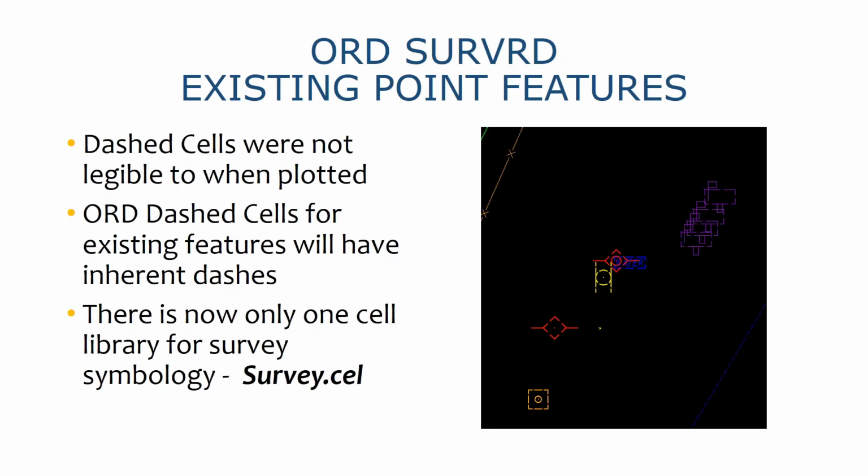There is no more SYENG or RWENG file for right-of-way English symbology and symbology English for surveying. There is only one cell library, and it's survey.cel. We still have a right-of-way cell library, ROW.cel, but the survey cell library is one file, called survey.